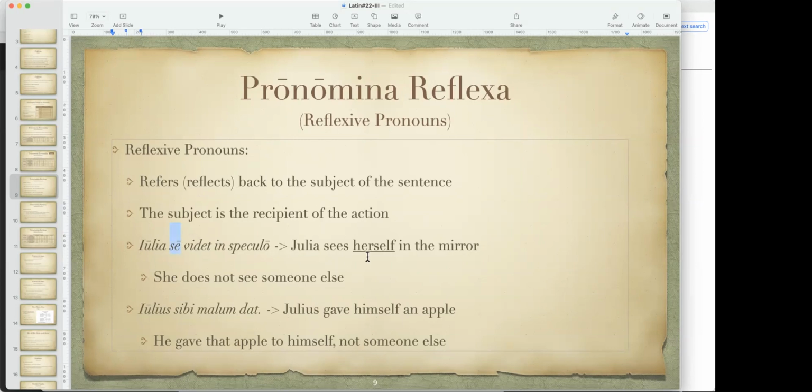It looks like the companion has reversed the order when it refers to himself and herself, because it has himself as se and herself as sibi. Okay, hold on here. Now, wait a minute. In this case, this is the direct object. Julia sees herself.